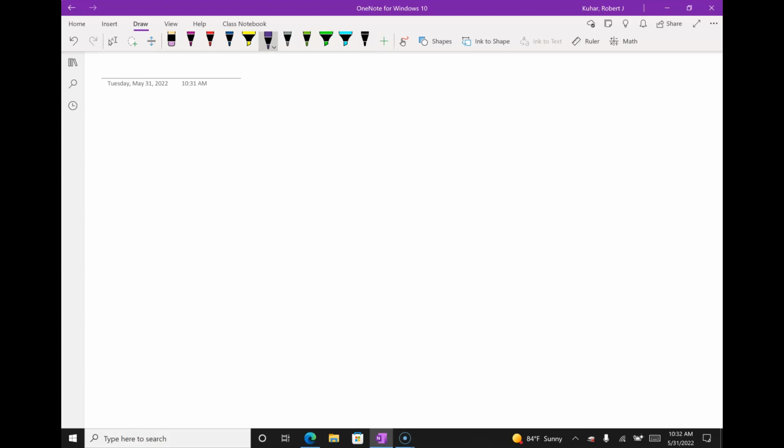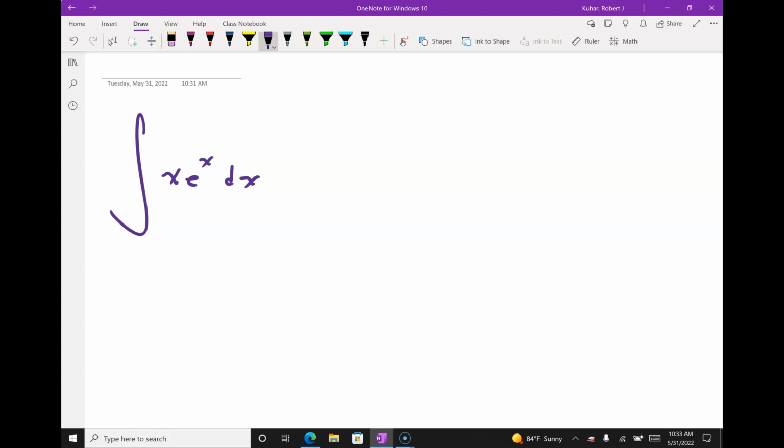Let's do the integral of x e to the x. If I go through my process, is there a u sub I could do?